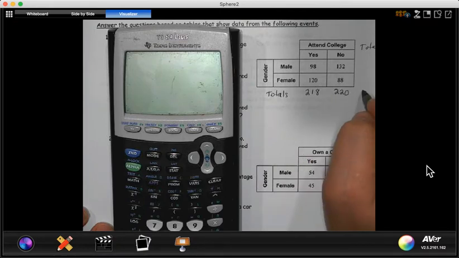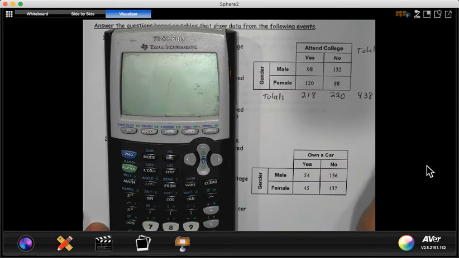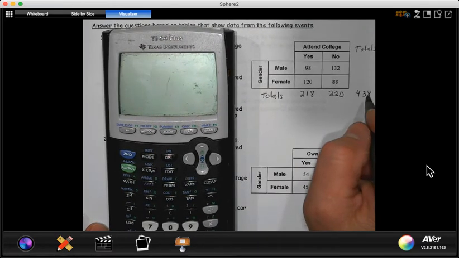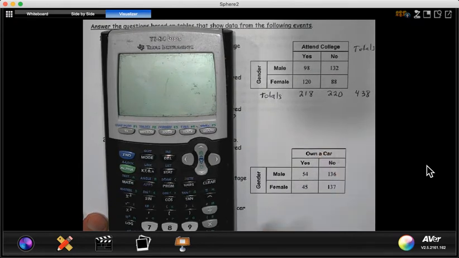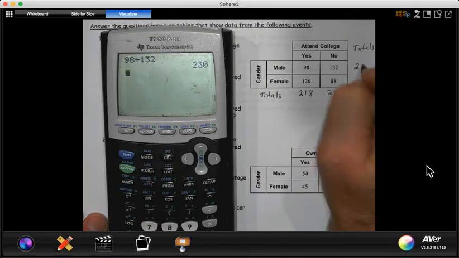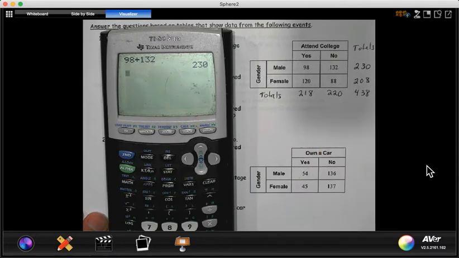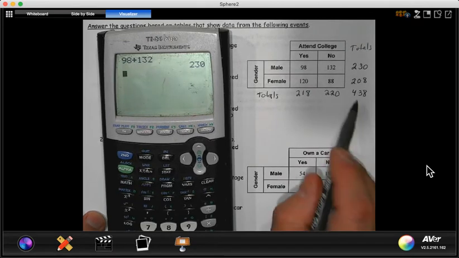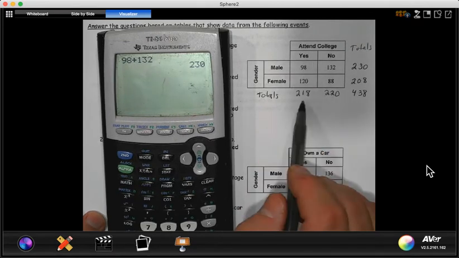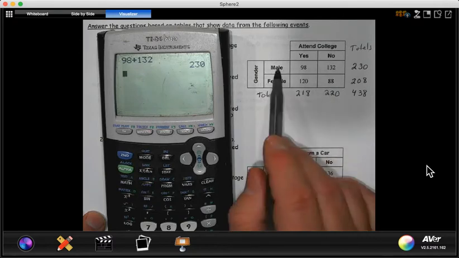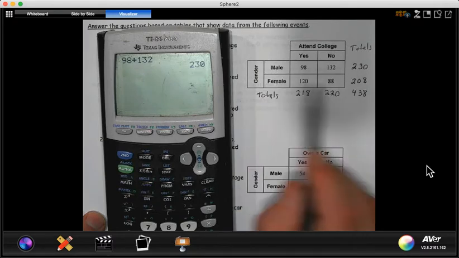So that means there were 438 people that took the survey. And then of the males, 98 plus 132, there were 230 males who took the survey, and that means 208 females took the survey. So 438 people took the survey, 218 were yes, 220 were no, 230 were male, and 208 were female.